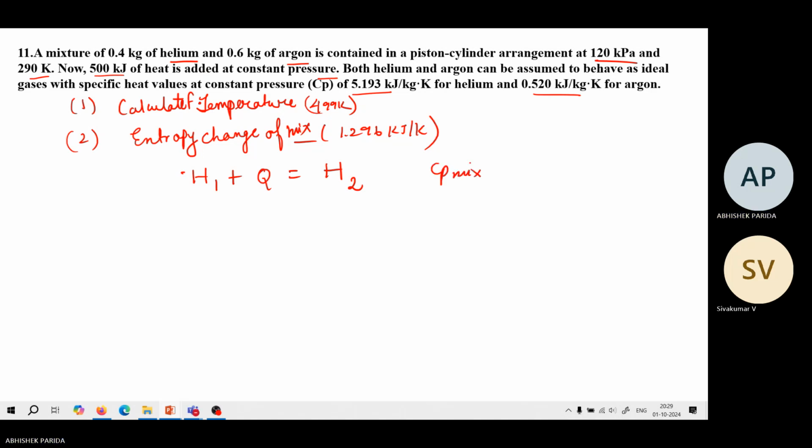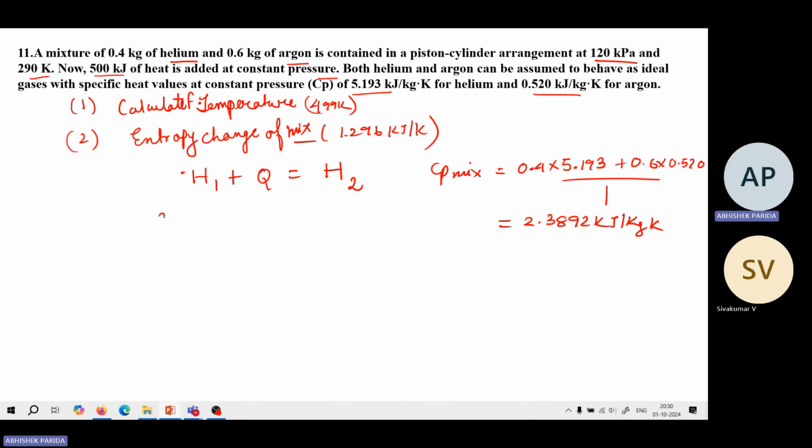Cp mixture is 0.4 into 5.193 plus 0.6 into 0.520, divided by 1. That is 2.3892 kilojoule per kg Kelvin.